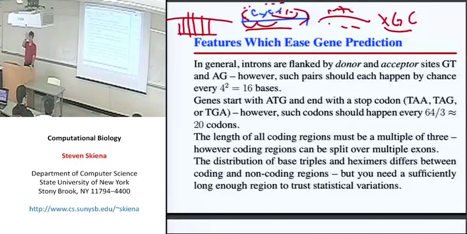Somebody has looked at it and said, this is a gene, and this part is not a gene, right? We can gather statistics based on what those are, right? And then by looking at the pattern of triples in a region, we can ask ourselves, is it more likely that it comes from the gene region or the non-gene region? Does that make sense? Okay?